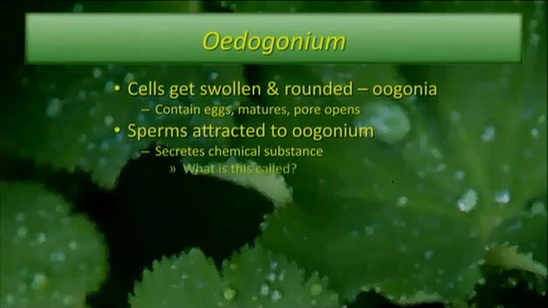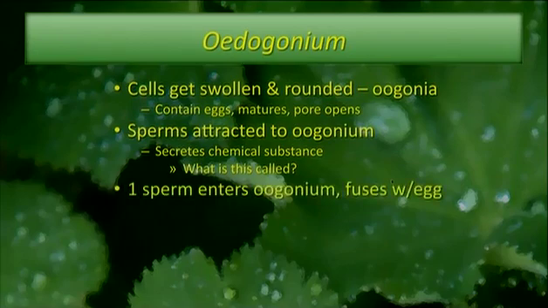Do you remember what that's called, from a long time ago when we were talking about tropisms and taxis? This is called chemotaxis, where you have a chemical attracting or causing movement of an entire organism or of a gamete from one place to another. Chemotaxis.